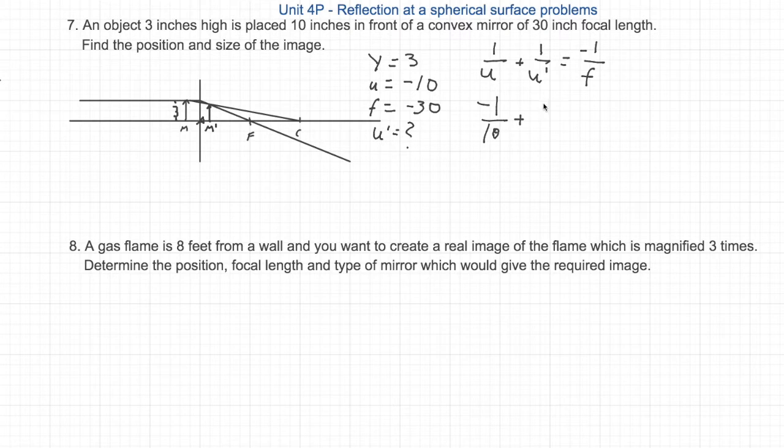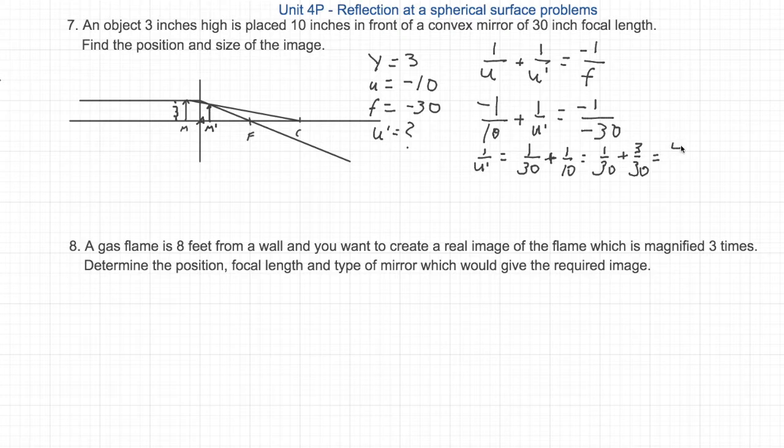Plug in what we know, and we're looking for u prime, which we will isolate on the left side. And we'll get a common denominator of 30. And we find u prime equals 7.5 inches. So it's a virtual image.